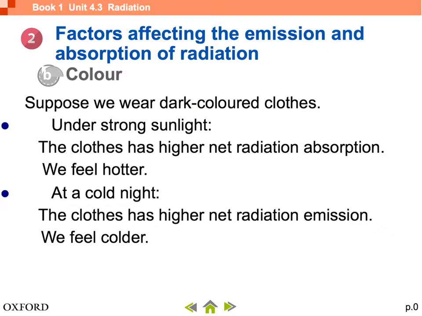At the same time, at cold night, the temperature of the body or the t-shirt is now higher than the surroundings. As we all know, a black surface is not only a good absorber, at the same time it is also a good radiator. So it will also have a higher radiation emission rate than a white colored surface, so that we will feel cooler.